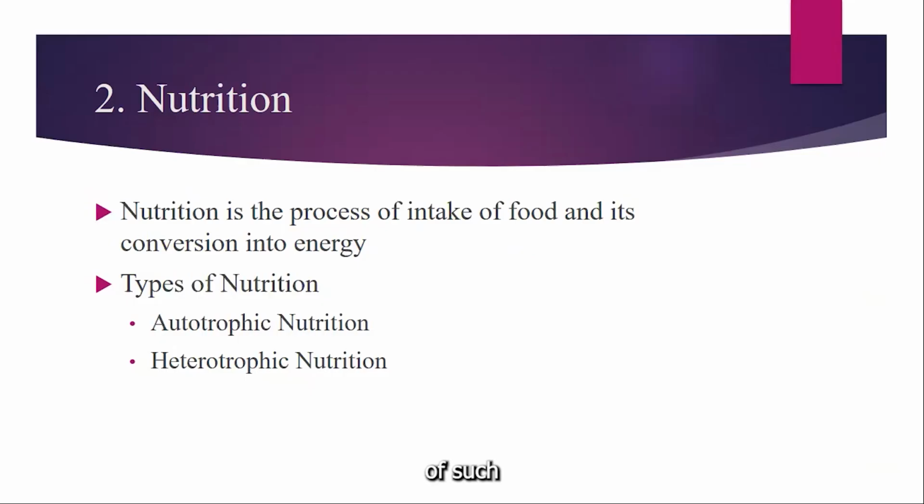The examples of such autotrophs are plants and some bacteria. Now, other organisms depend directly or indirectly on autotrophs for nutrition, and those organisms are called heterotrophs. So the examples for these kinds of organisms are humans and certain kinds of fungi.